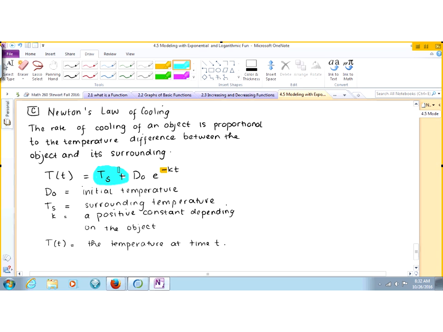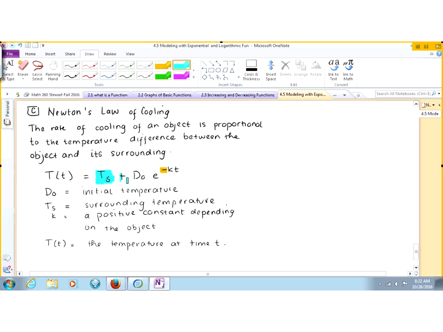You're adding the surrounding temperature. That's the only difference, so it's like shifted. Oh no, this will be exponential decay. K is always positive, but it will be an exponential decay. So there is the difference.